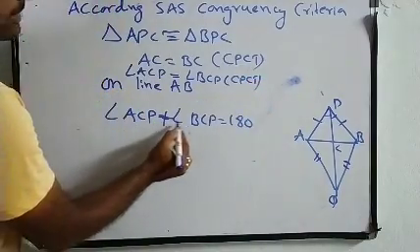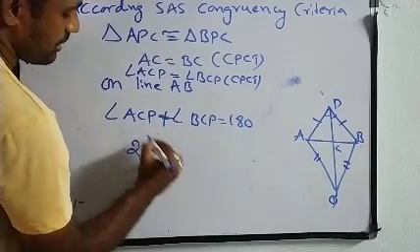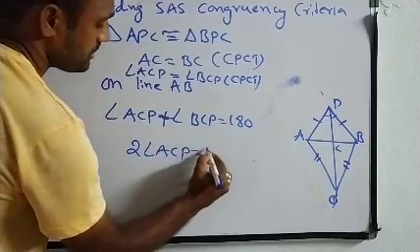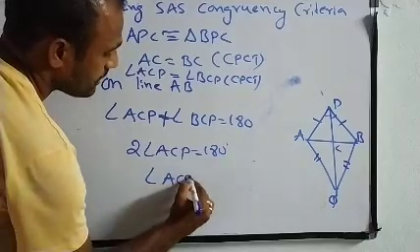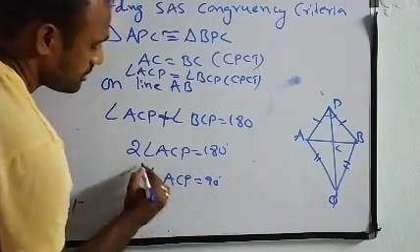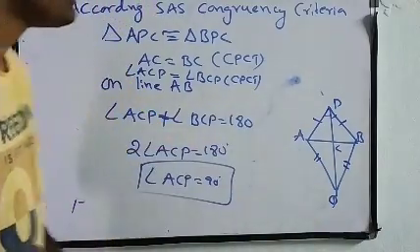So angle ACP plus angle BCP equals 180. Both are equal, so I can write 2 times angle ACP is equal to 180. So angle ACP is equal to 90 degrees. Now I can say that PQ is the perpendicular bisector of AB.